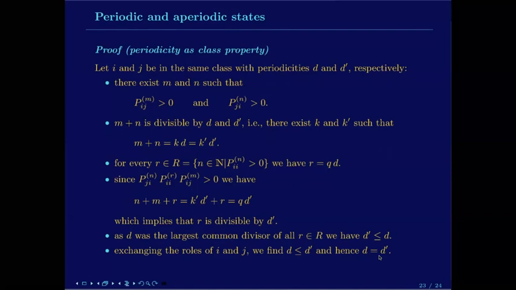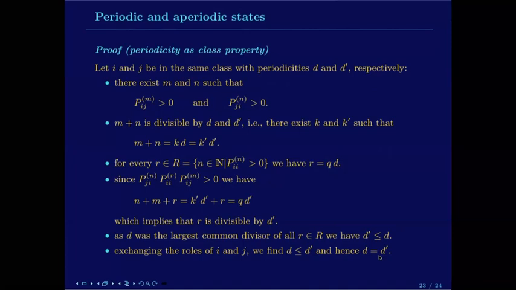Now, if we look at any r, so all the possible transitions from i to i, say the corresponding path has a length r, then r must be a multiple of d, because d is the periodicity of i.